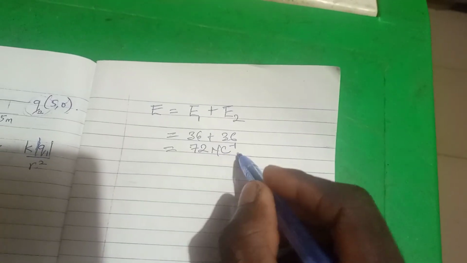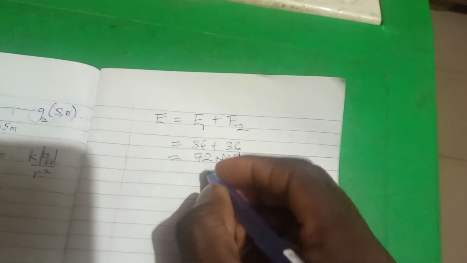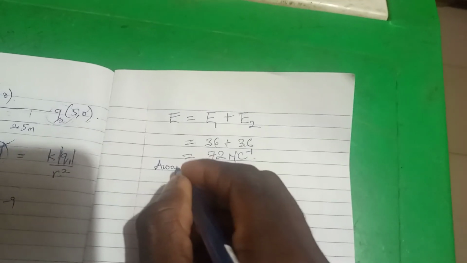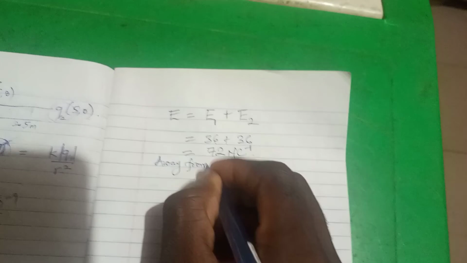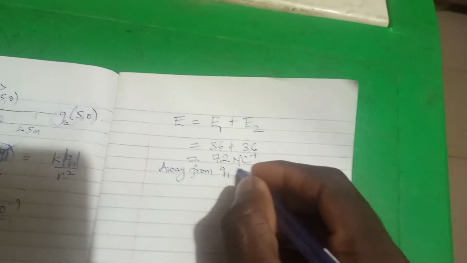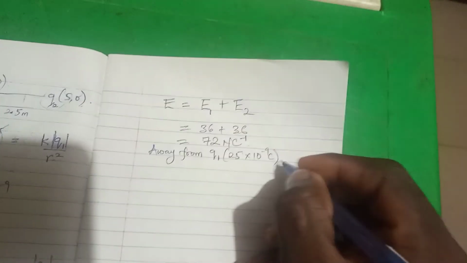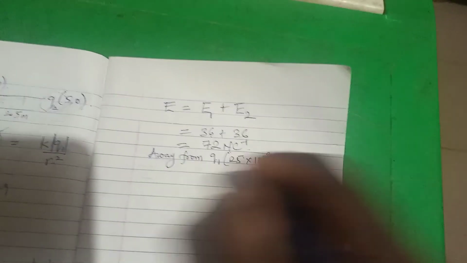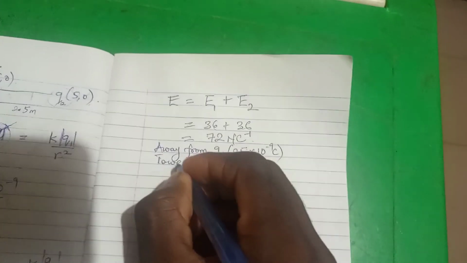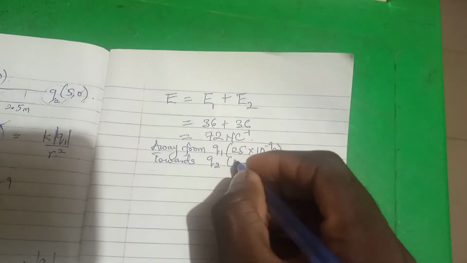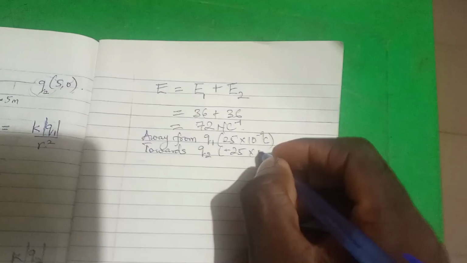So the electric field intensity is 72 Newton per coulomb, and its direction is away from Q1, which is the 25 times 10 raised to power minus 9 coulomb charge, and towards Q2, which is the minus 25 times 10 raised to power minus 9 coulomb.